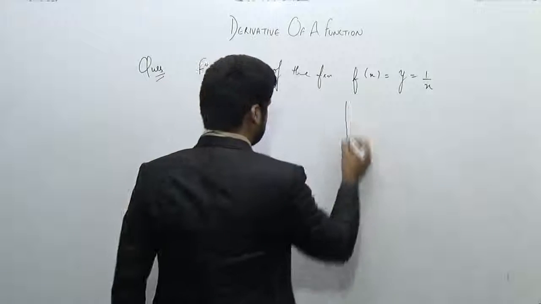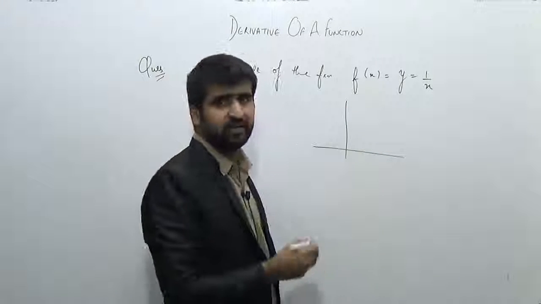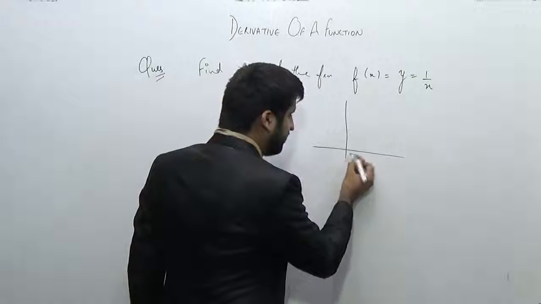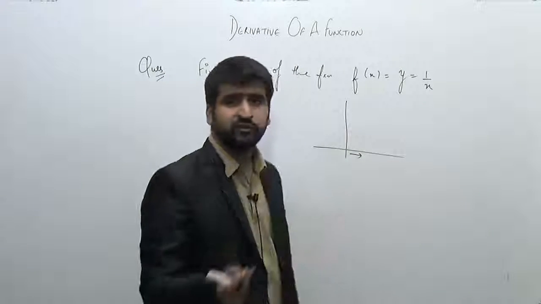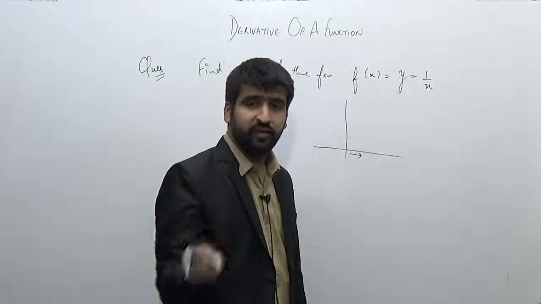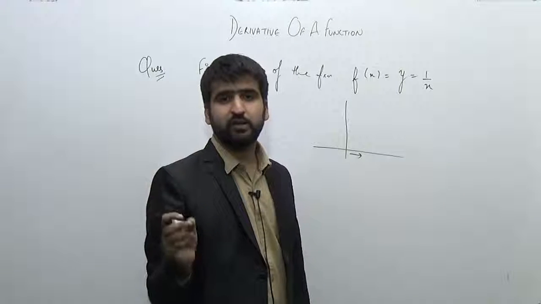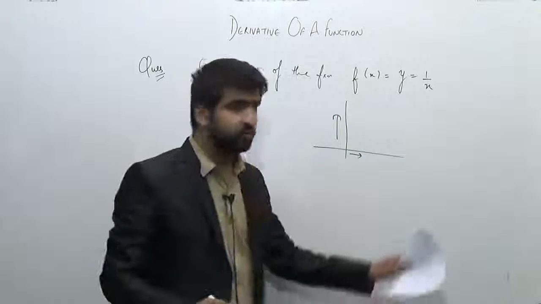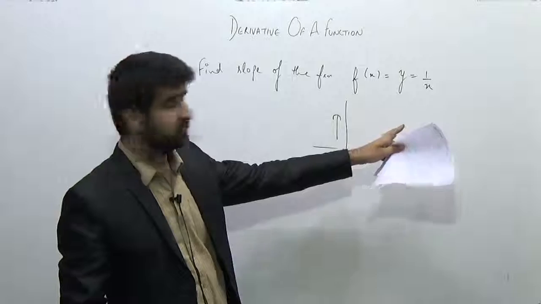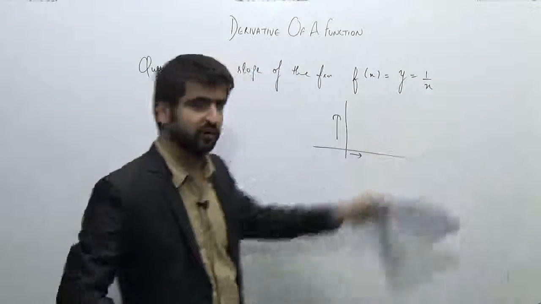Because whenever we make the graph of this function, all the values of x which I take will be denoted on the x-axis, and the values of f(x), the value of the function for the corresponding value of x, will be denoted on the y-axis. So that's why I write y is equal to 1 upon x here.